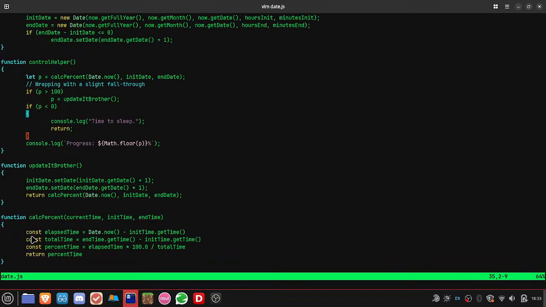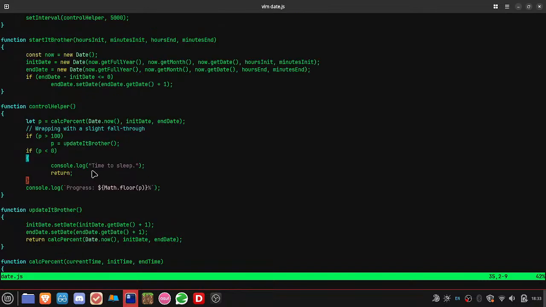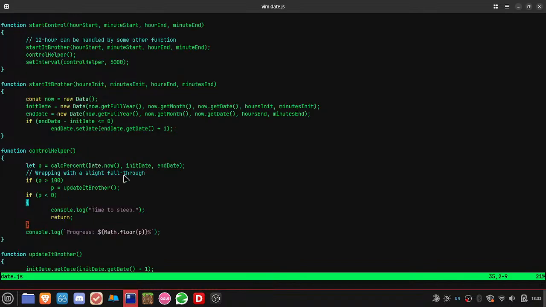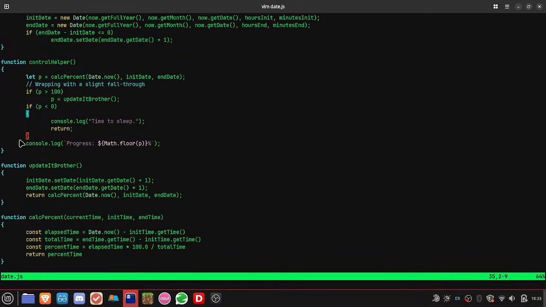The loop is going on in here, and console log progress. Otherwise, if it is not negative, then this is the case. Okay, this is what has happened.